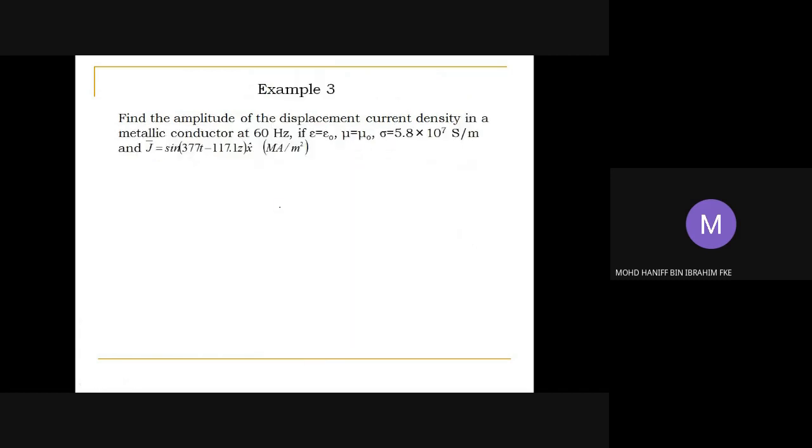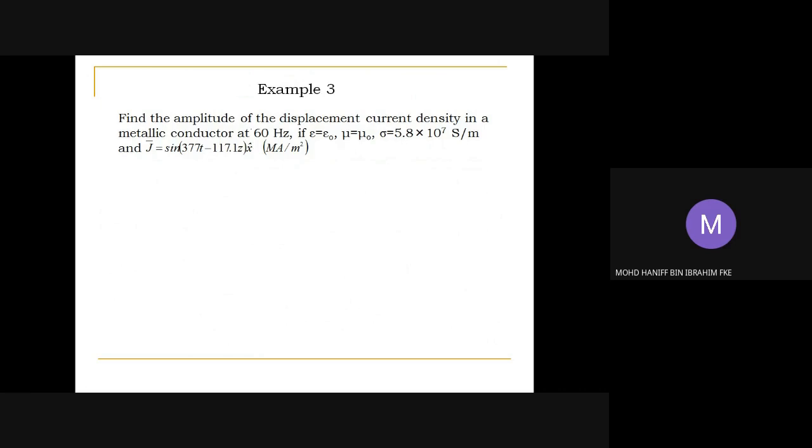Let us have a look at this example number 3. We are given the question whereby we find the amplitude of a displacement current density in a metallic conductor at 60 Hertz, if epsilon of epsilon naught, mu of mu naught, sigma is given, and J is sine 377t minus 117.1 Z in the direction of X. So we need to find the displacement current density in this particular case.